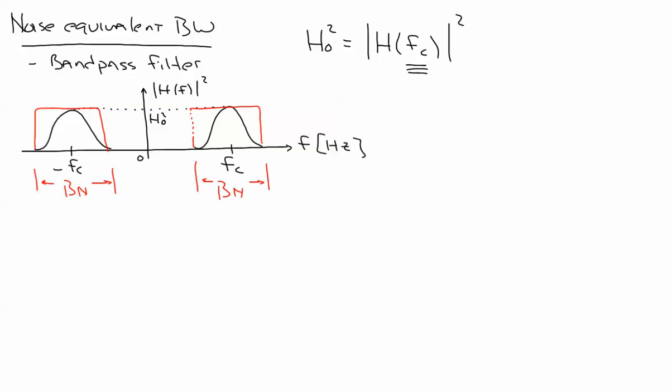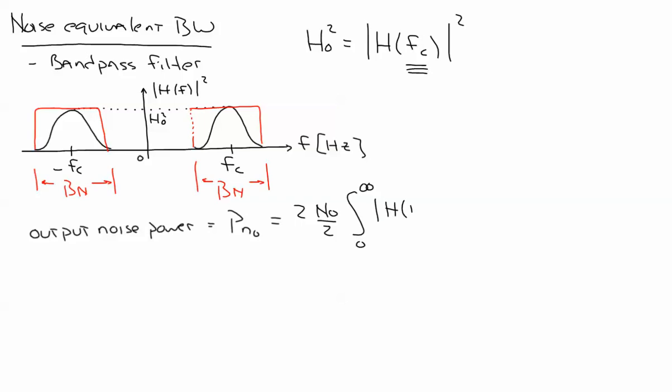Well, once again, the output noise power is P sub n naught. And for the real filter, that's going to be 2 times N0 over 2, integral from 0 to infinity, of the absolute value of H squared df.